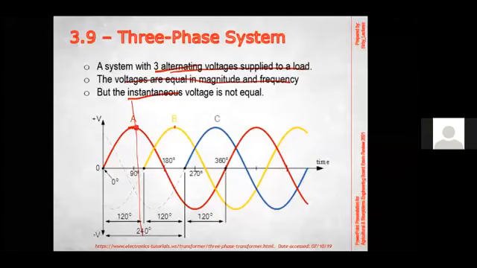We can see here that the voltage at A is this value, but the voltage produced from the B waveform is right here, and from the C waveform is right here. So at that instant of time, they don't have the same voltages. But the magnitude, that's the peak values, and the frequency are just the same.